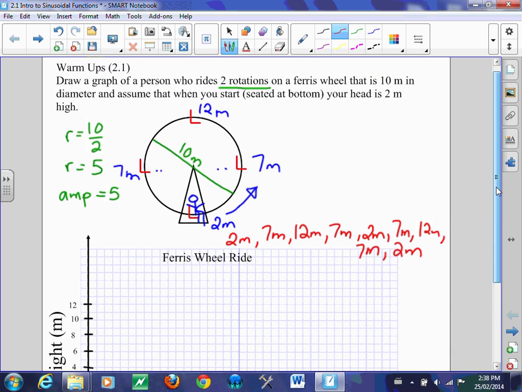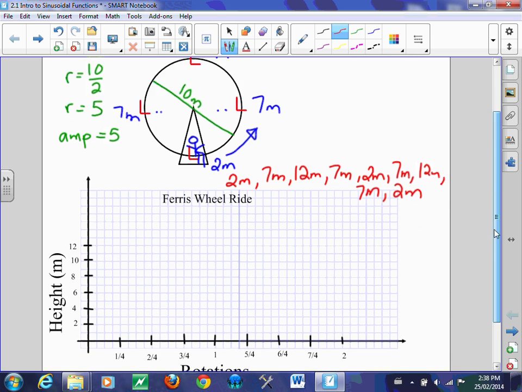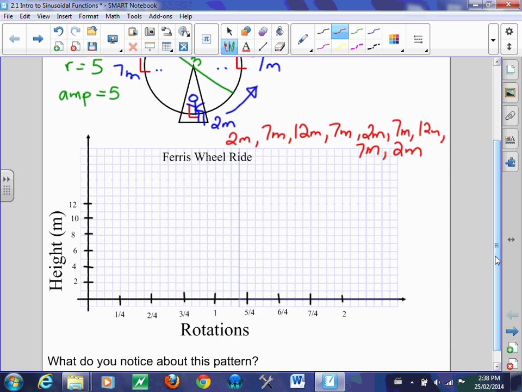So notice with our Ferris wheel here, we put it into quarter sections. So when we take a look at rotations, ladies and gentlemen, we're going to put it into quarters. First quarter, second quarter, which is really equal to 1/2. And we're going to plot this. So where do we start? At time 0, when we get on, you start at 2 meters.